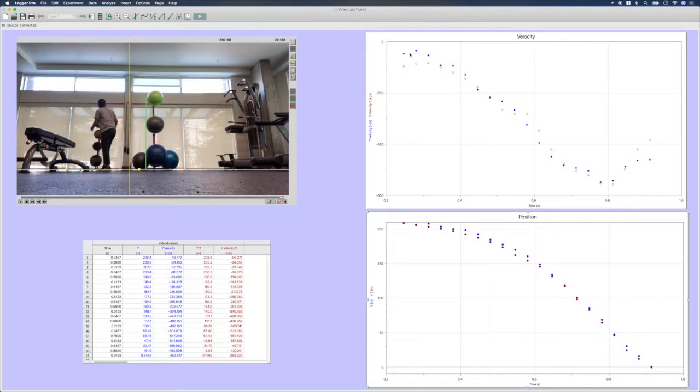But as you can see from this graph, both the objects have pretty much virtually the same velocity as they undergo free fall. So here are my data points for this video lab analysis.